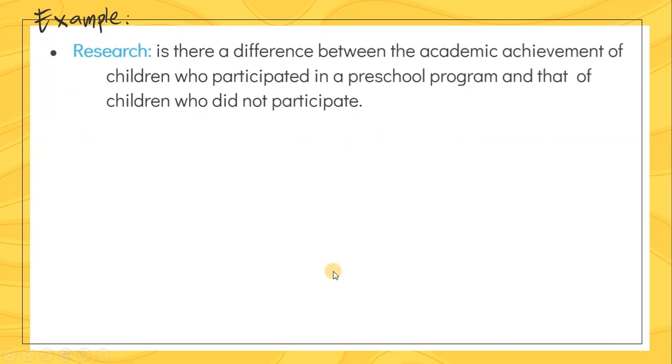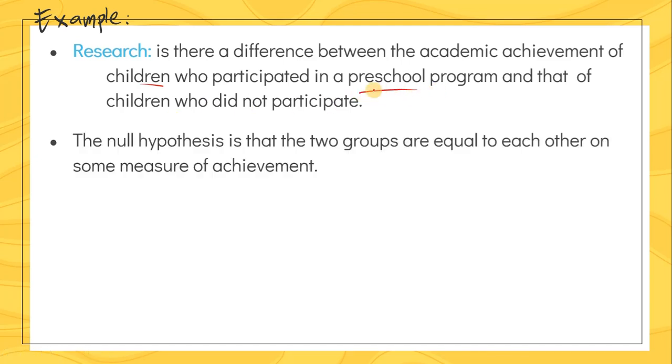Okay, other examples. Here's this research. Is there a difference between the academic achievement of children who participated in the preschool program and that of children who did not participate? Okay. So the null hypothesis is that the two groups are equal on some measure of achievement, the preschool program and those who did not participate.